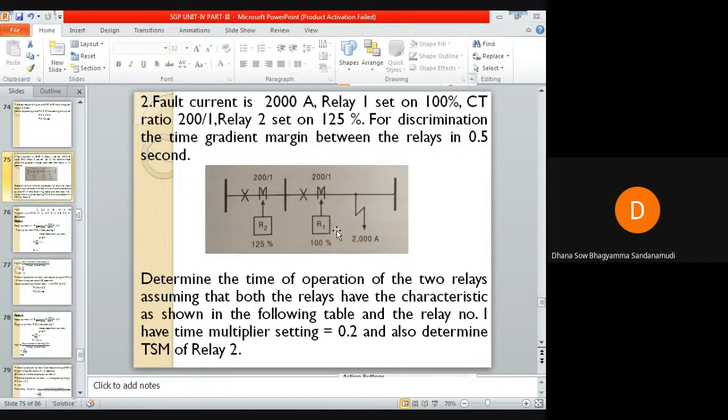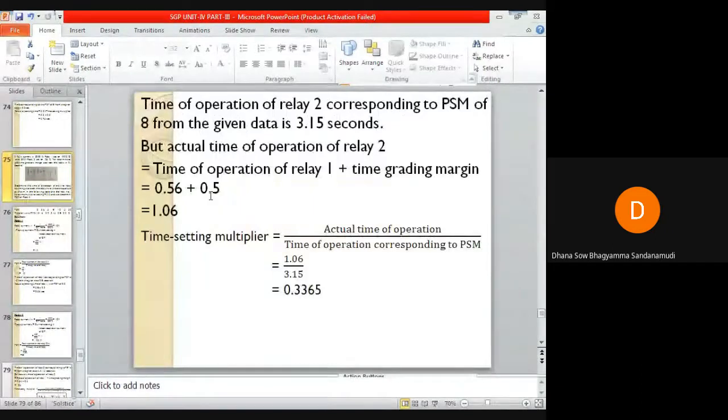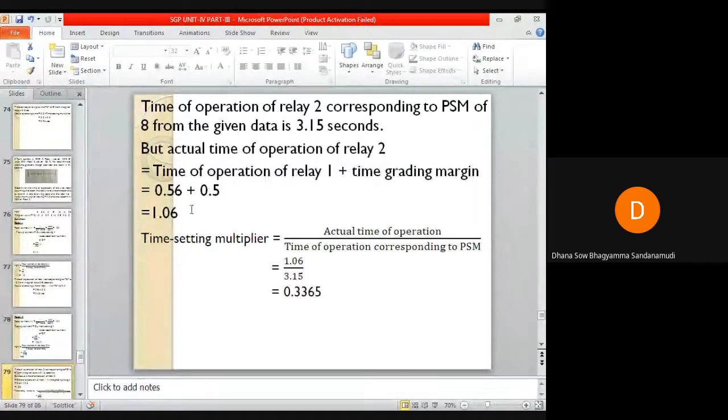If that relay fails to operate, then with some time grade margin, another relay at some other location will operate. So the time of operation of relay 2 is the time of operation of relay 1 plus the time grade margin, that is 1.06.